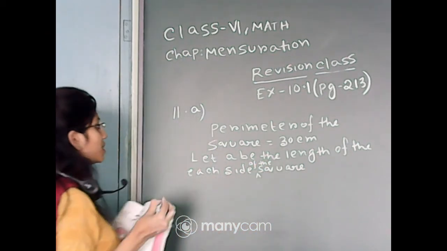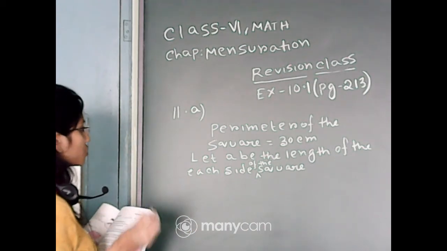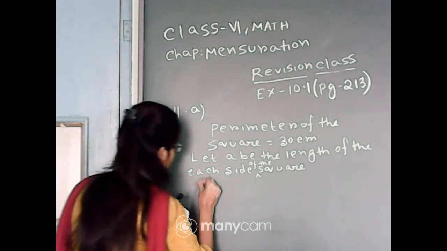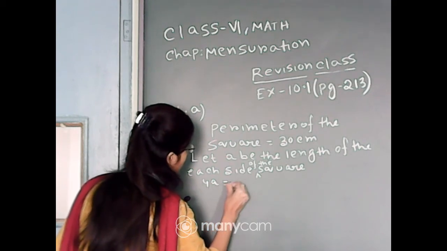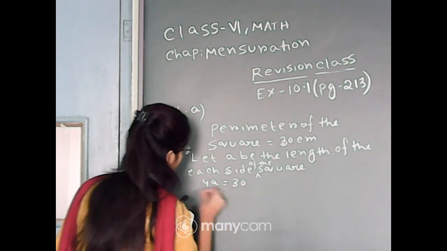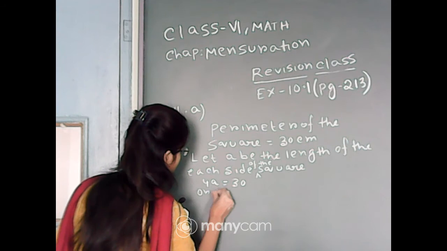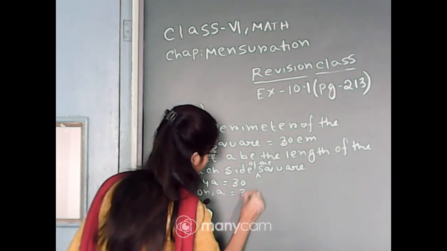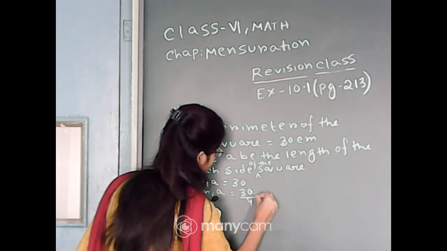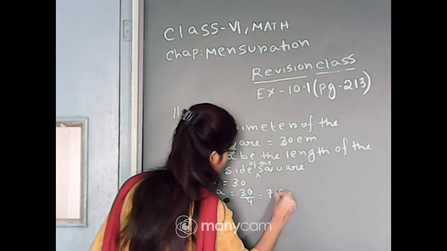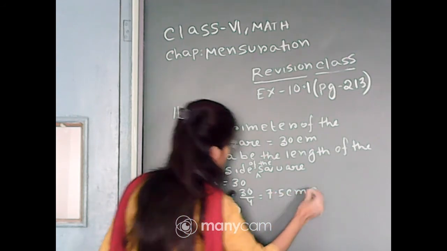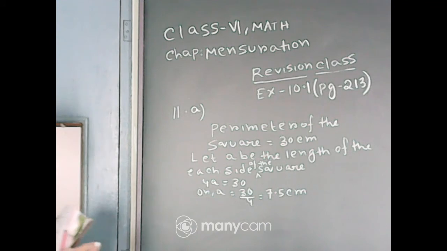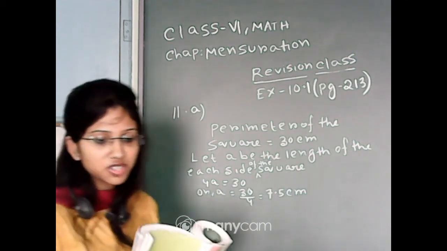Then perimeter of the square is equal to 4a. Therefore, 4a is equal to 30 cm, or a is equal to 30 divided by 4, that is 7.5 cm. Therefore, length of each side of the square is equal to 7.5 cm.